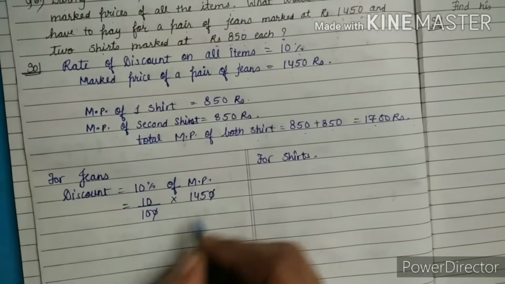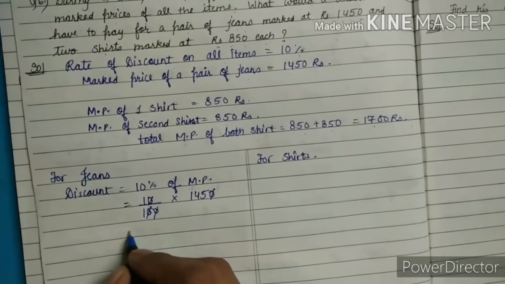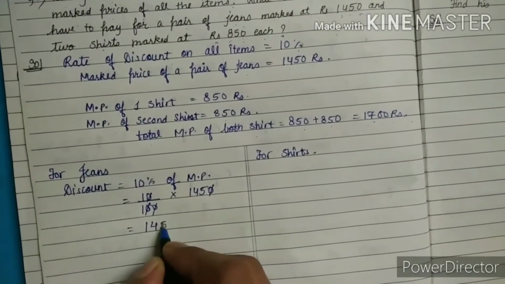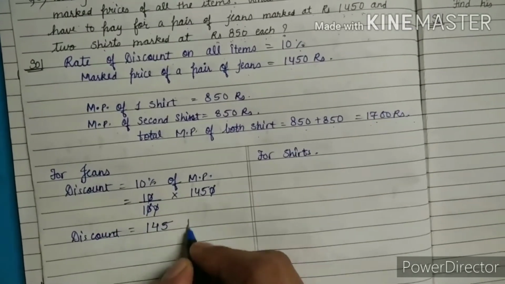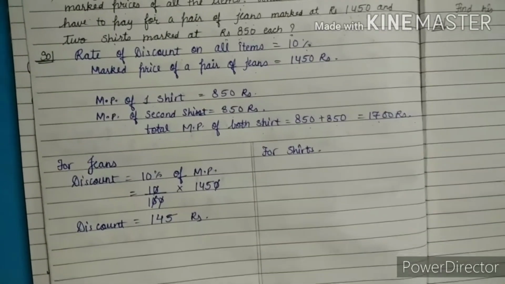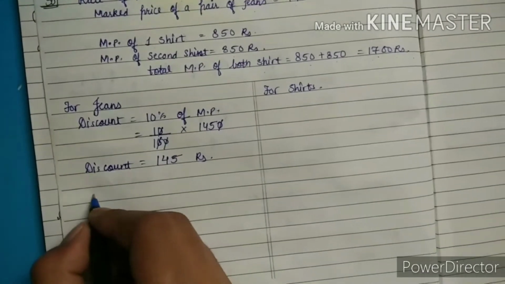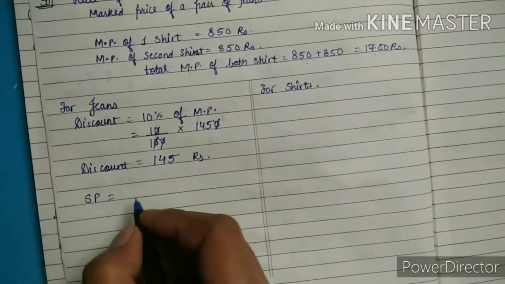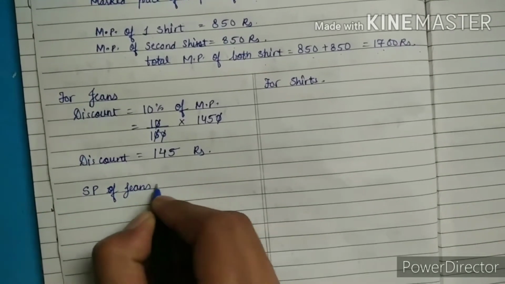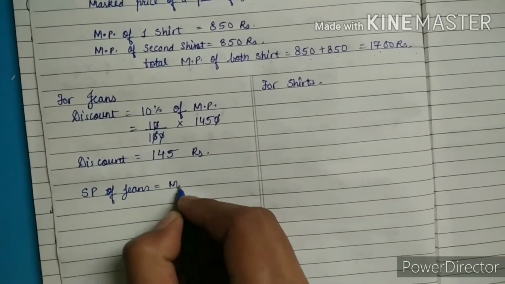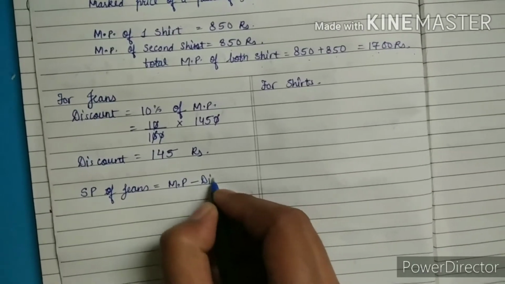Zero cuts zero, zero cuts zero, so we will get a discount of 145 rupees.